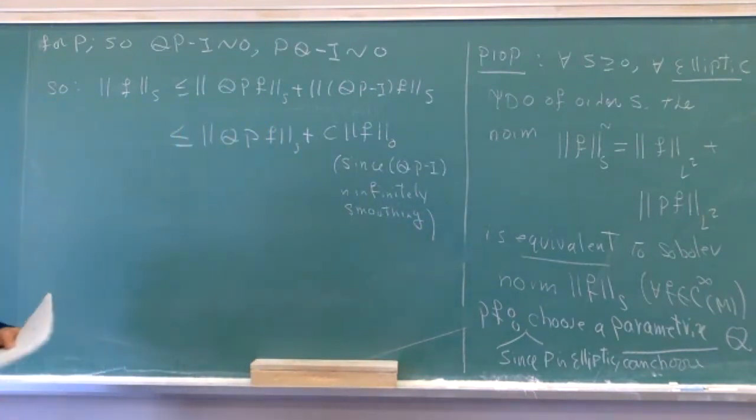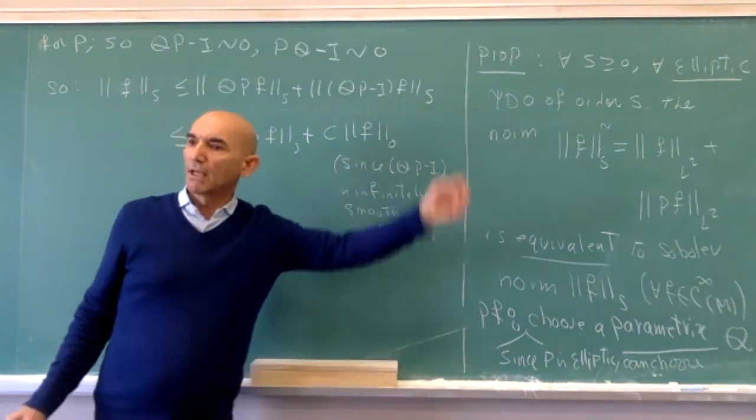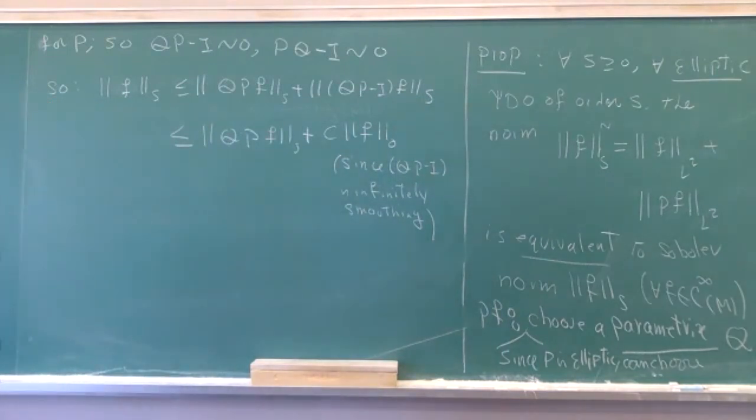C is some constant. What's that? There exists a constant that just depends on this S, on the scale S, because S is fixed now. I'm just arguing with one S at a time.